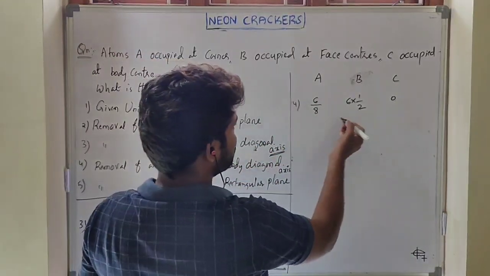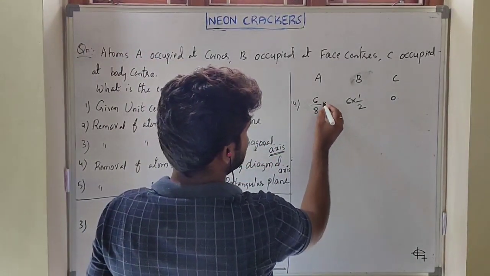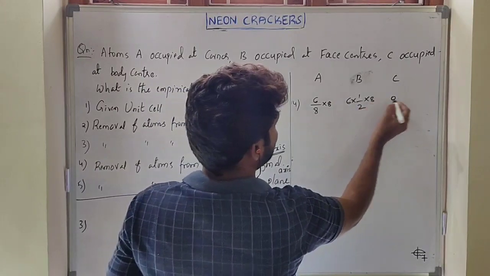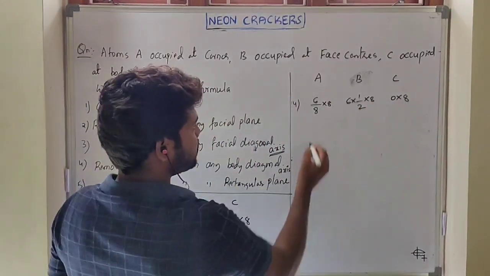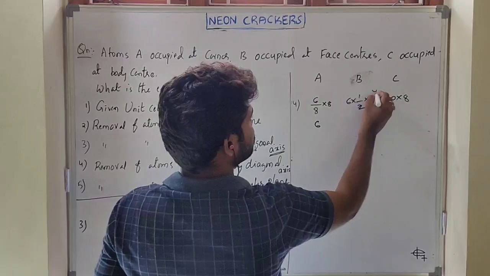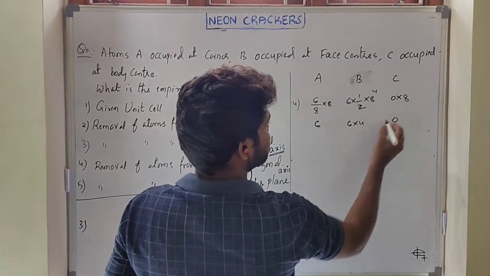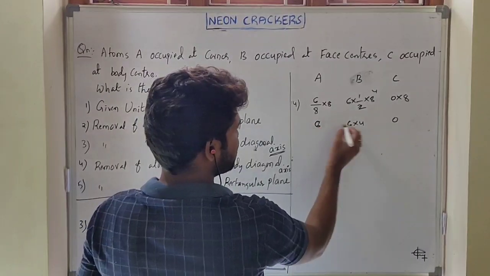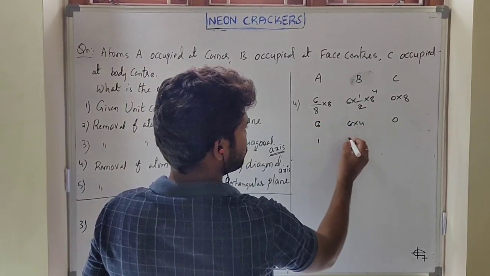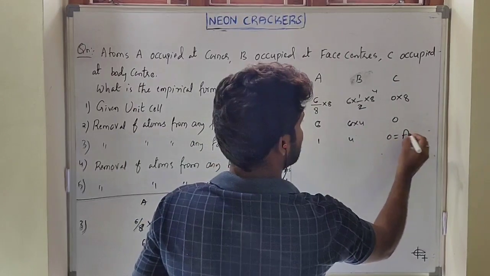Now the maximum denominator is 8, so we multiply by 8, and here 6, so 4, next 6 into 4, here 0, right? So if we simplify, 1, 4, 0. So what is the formula?